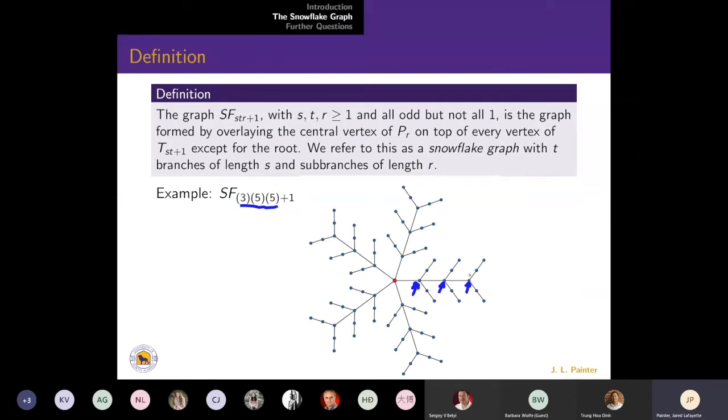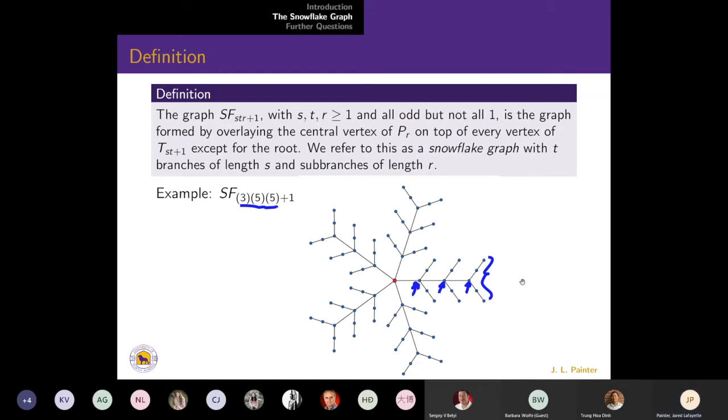And then on each of those vertices on those paths of length 3, I've overlaid another path of length 5, which comes from my r value. So you can see why we called this the snowflake graph. It looks kind of like a snowflake. It wasn't really a clever name. It just seemed like a good thing to call it.